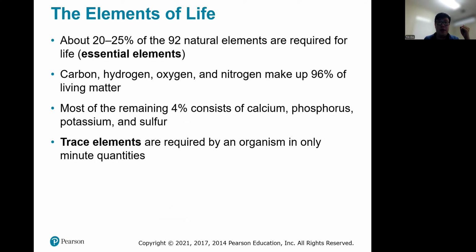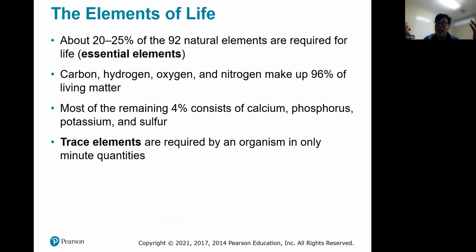Okay. Now, there are going to be essential elements that are required for life. And in our textbook, we labeled them as the 92 natural elements. So, roughly around 20-25% of the total elements on your periodic table. Now, out of the 92 natural elements, only about four or five of them make up around 95 to 96%.